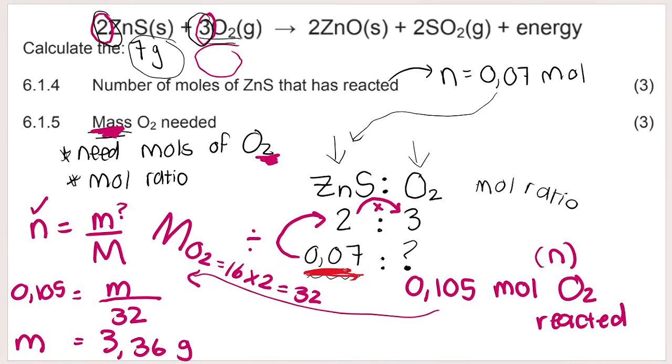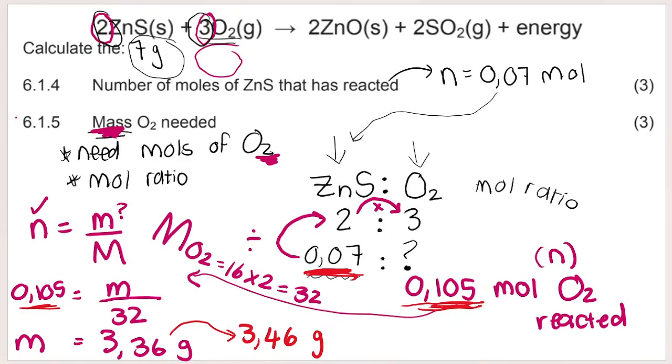You're going to have a longer decimal. That means you're not going to get exactly this decimal for moles of oxygen. That means you're going to have a slightly different number here, and your mass value may range all the way from 3,36 to 3,46 grams. It just depends on which decimal version of the number of moles you used.